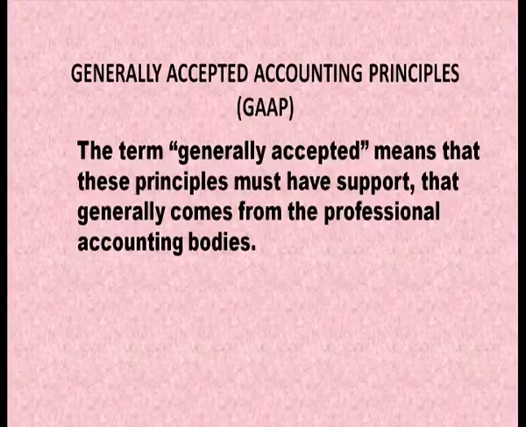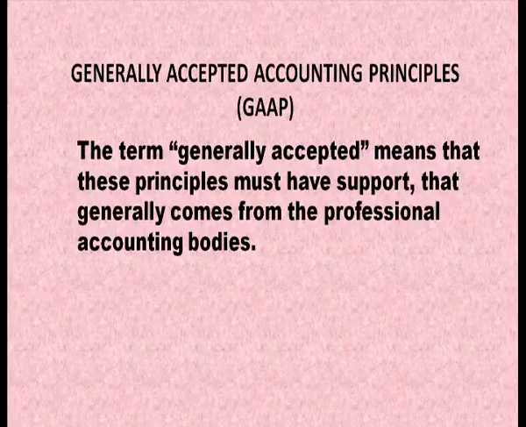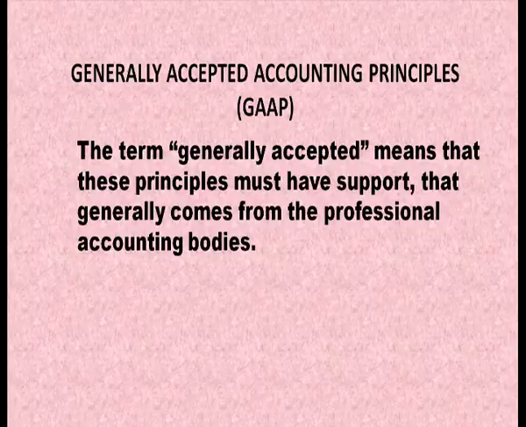Listeners, now we have studied accounting conventions and are moving to accounting standards. For this, we have to study generally accepted accounting principles. The term generally accepted means that these principles must have support and generally come from professional accounting bodies.